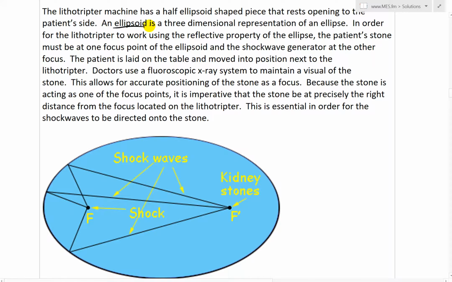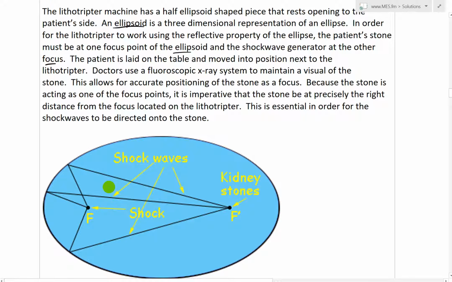In order for the lithotripter to work using the reflective property of the ellipse, the patient's stone must be at one focus point of the ellipsoid. So you set that at one focus point, and then the shockwave generator at the other focus. So here's that shockwave, sending sound across and then it basically destroys that kidney stone.